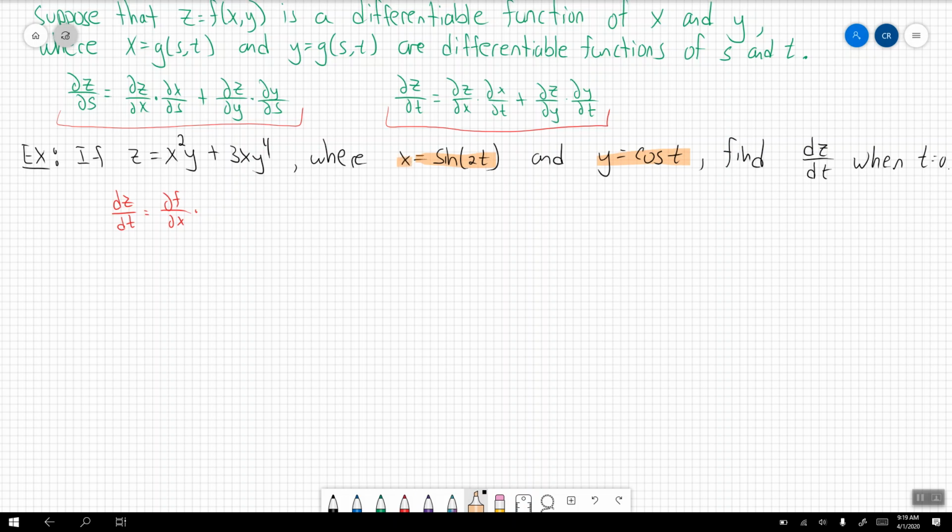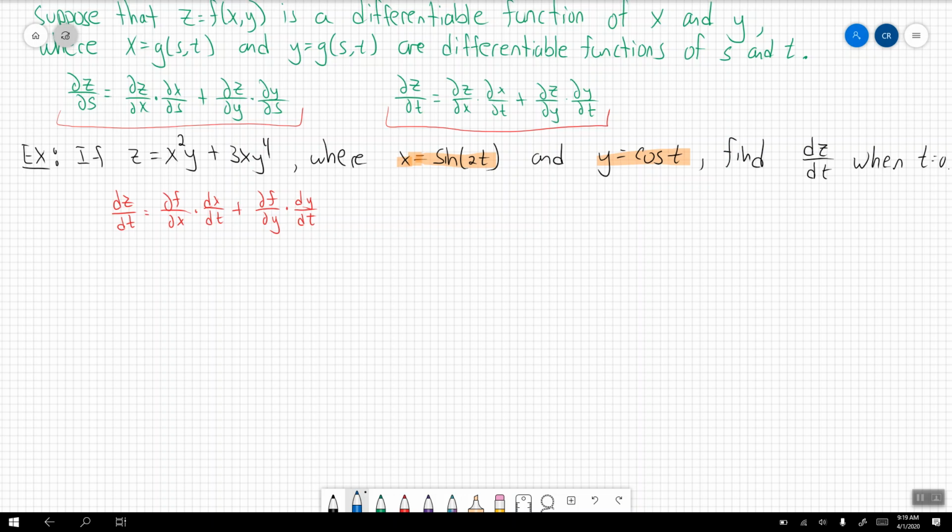It's still going to be a derivative from Calc 1. Which means that this is just going to be the derivative of x with respect to t plus the partial of the function with respect to y multiplied by the derivative of y with respect to t. So we've got a few things that we need to do.